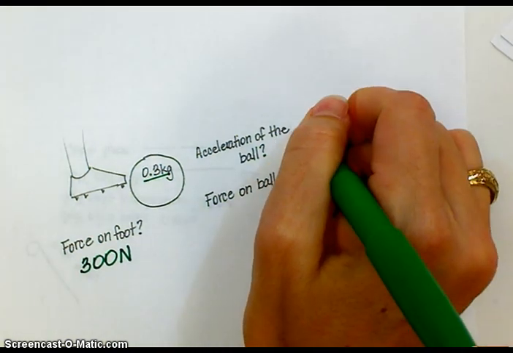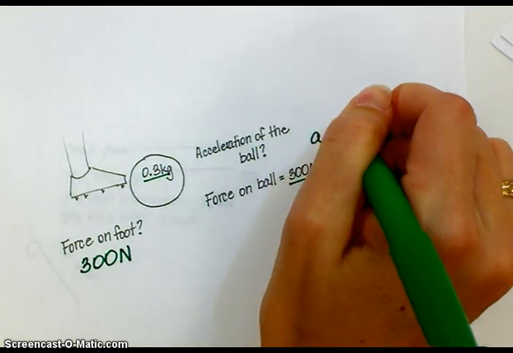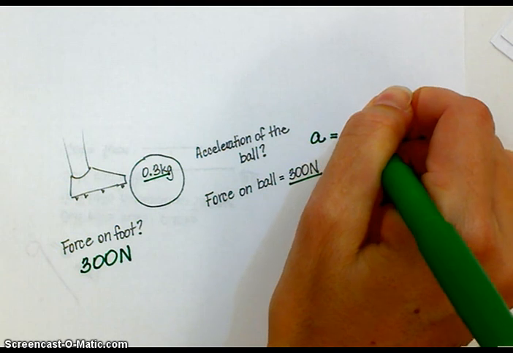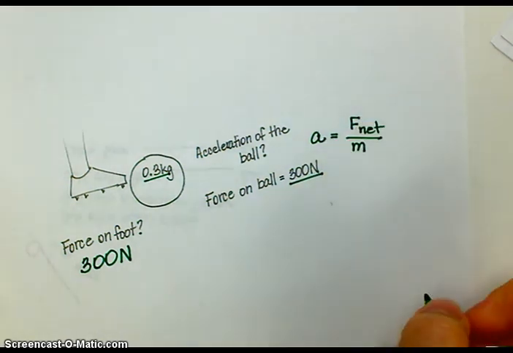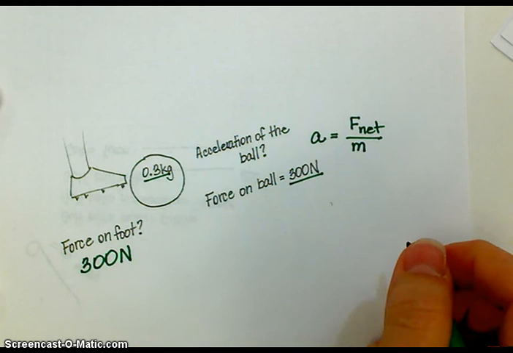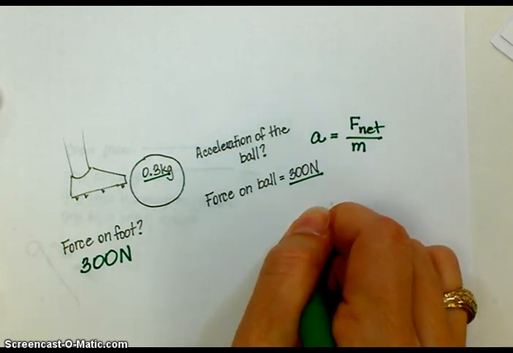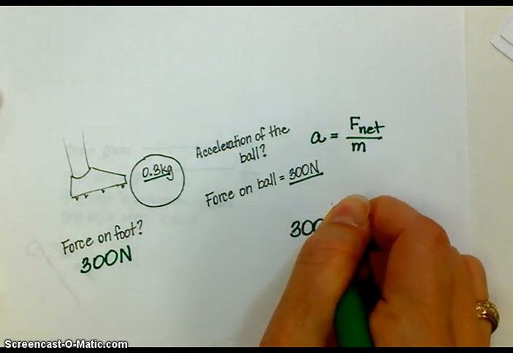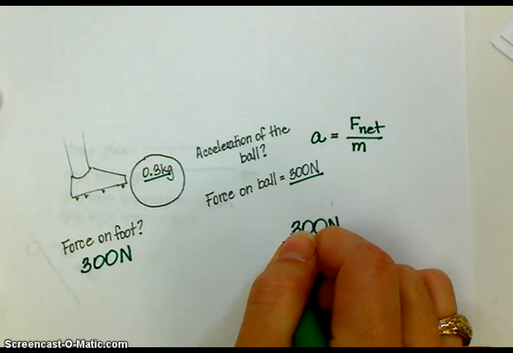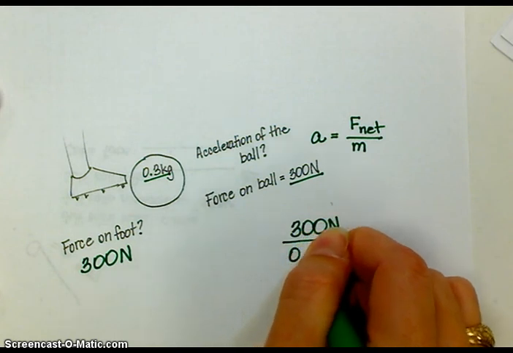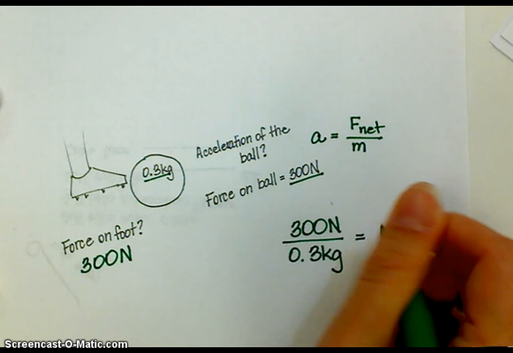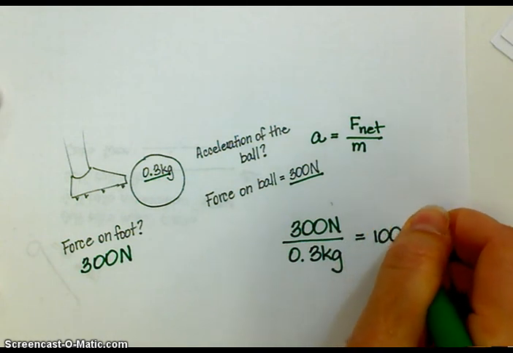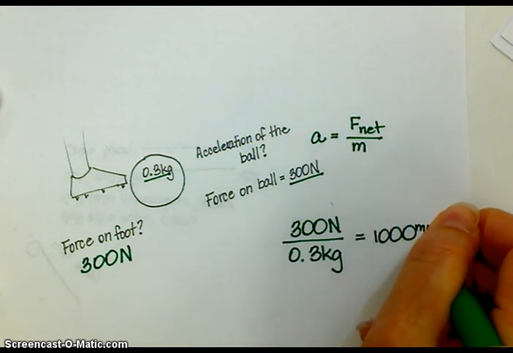The acceleration of the ball, remember you find acceleration by saying net force divided by mass, okay? The force on the ball, 300 newtons, divided by 0.3 kilograms. And that is going to be 1,000 meters per second squared.